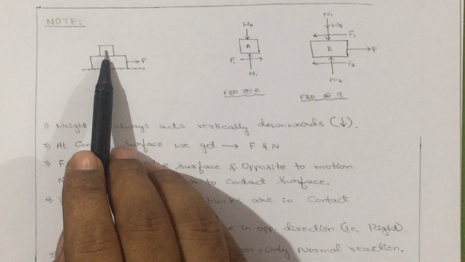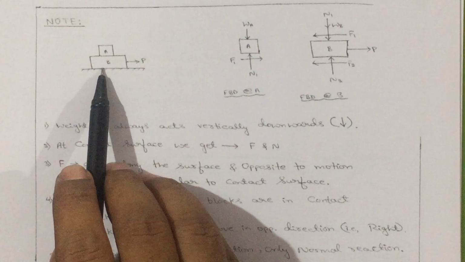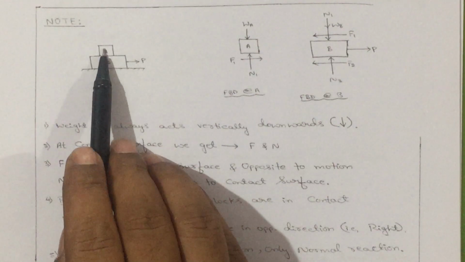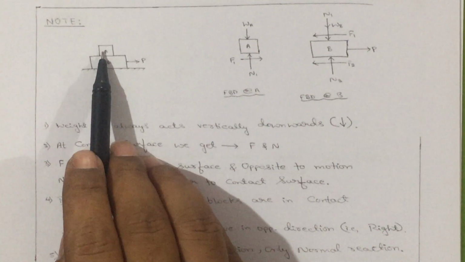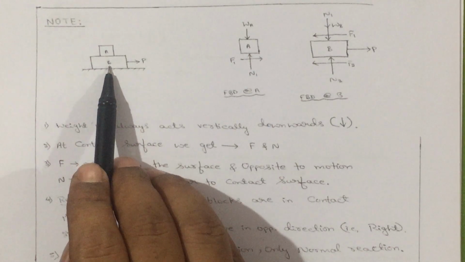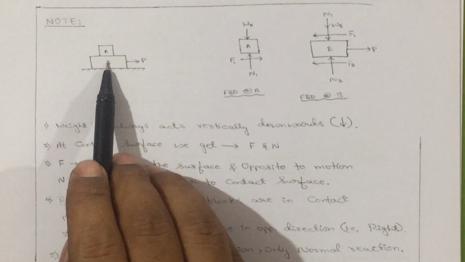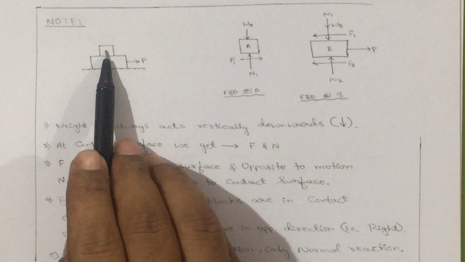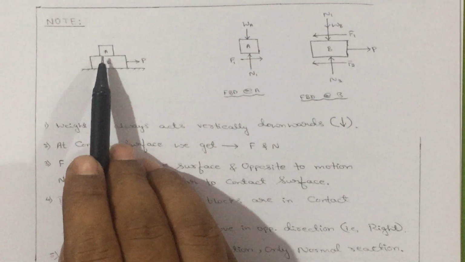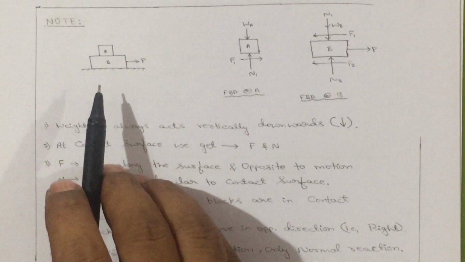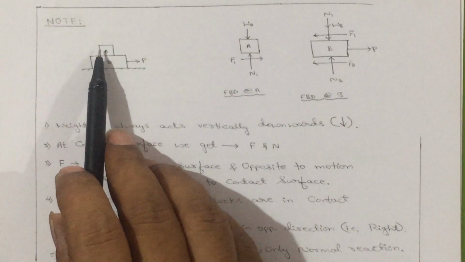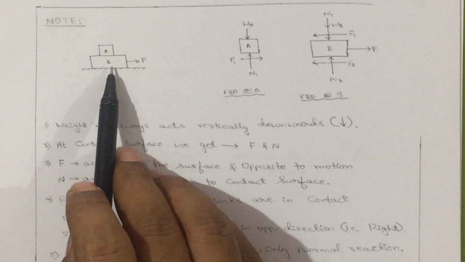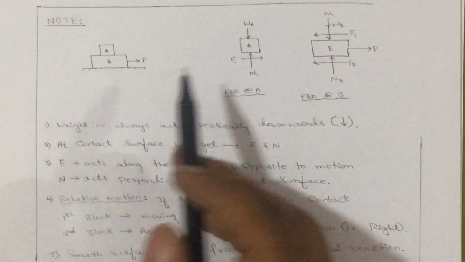Maybe it remains the same, but when we compare body A with body B in motion, body B moves rightward, which means body A is going to move leftward relatively, with respect to body B.